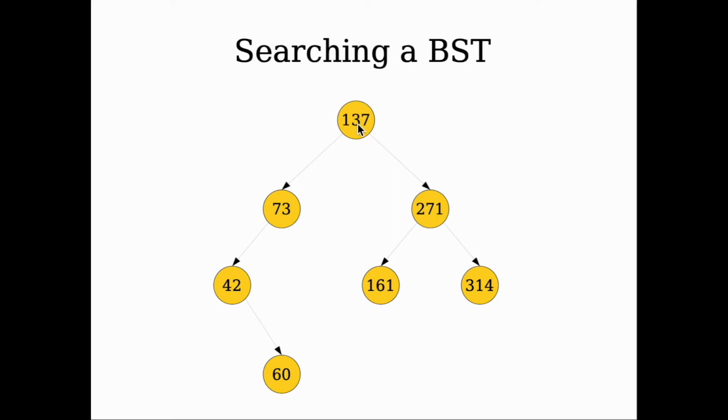So, since 161 is greater than 137, we traverse dun sa right side ng tree. Okay? So, for 271 naman, since 161 is less than 271, then we look at the left. Okay. So, since nakita na si 161, if this is a dictionary implementation, then this has the link to the data or the value when we search an element.